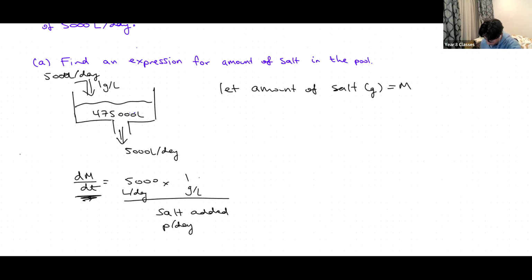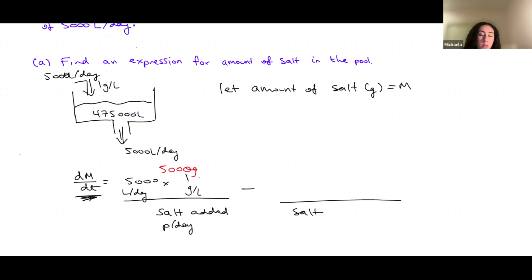And what about salt removed per day? What's our outflow rate? 5,000 liters a day. Yep. So what do we have left to find?